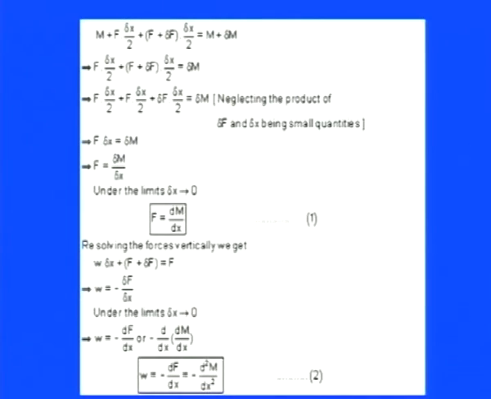So M plus F into dx by 2 plus F plus dF into dx by 2 equals M plus dM, which is in the counterclockwise direction.